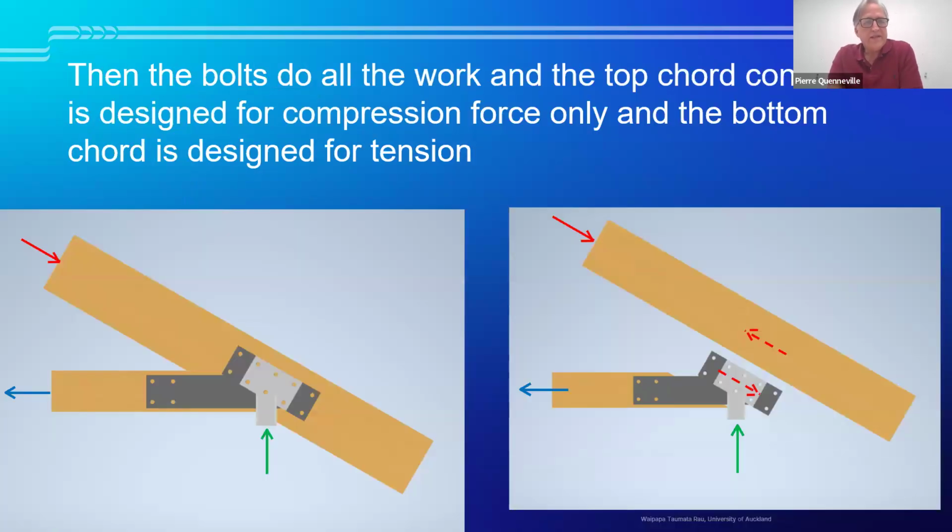So if we have this, then the bolts will do all the work, and the top cord connection will be designed for compression force only, and the bottom cord will be designed for tension force only.